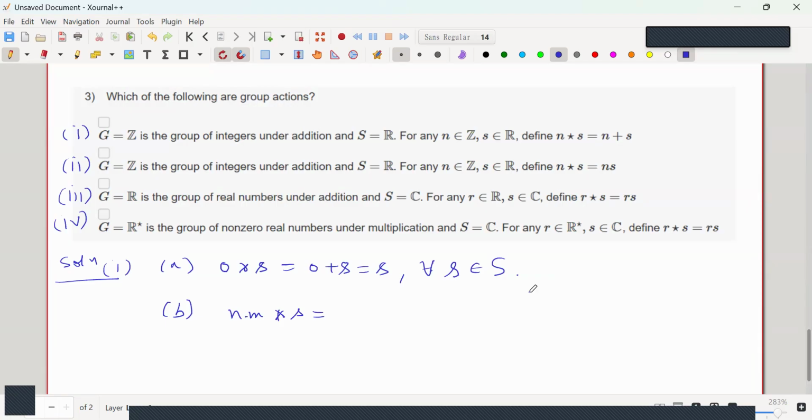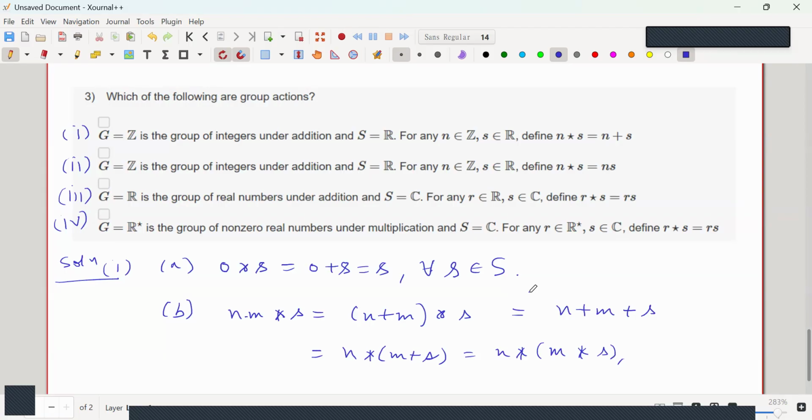Here the group operation is addition, so n plus m star s is n plus m plus s, and that is the same as n acting on m plus s, which is n star m star s.